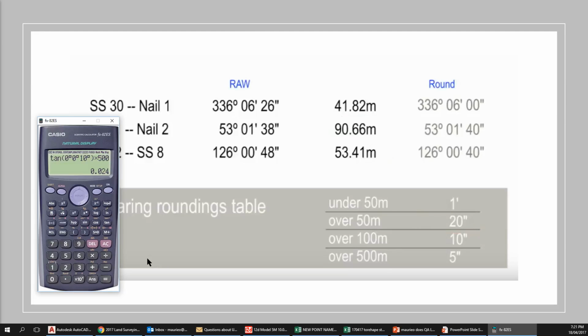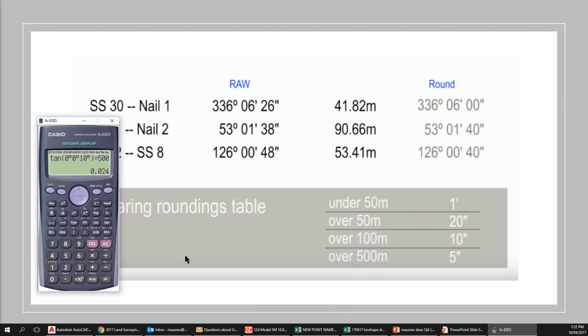So to the nearest 10 seconds, anywhere up to 500 would be 24 mils out, which is sort of in around the same ballpark. You can get exact numbers on these.